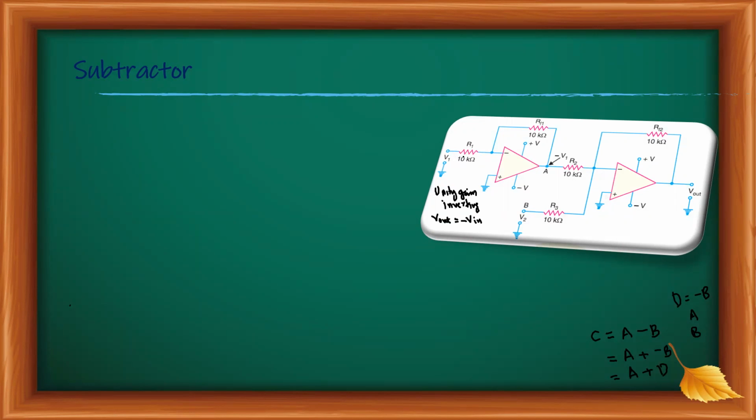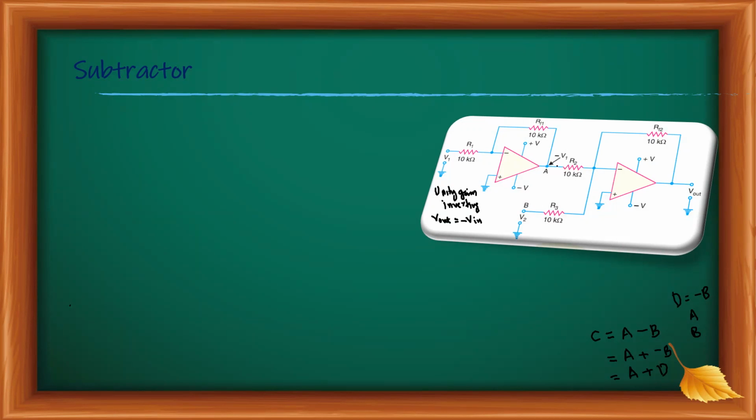So at the output of this amplifier, we get minus V1.